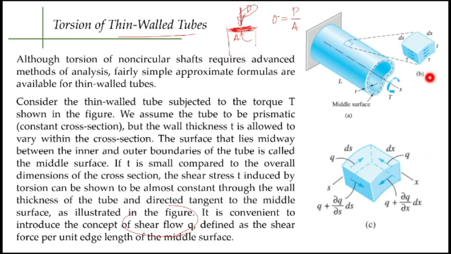Here, that is also the middle surface. So you have the outer surface, the inner surface, and the middle surface. The length of your middle surface is called the median line, and the area enclosed by your median line is your area naught, or area sub zero.